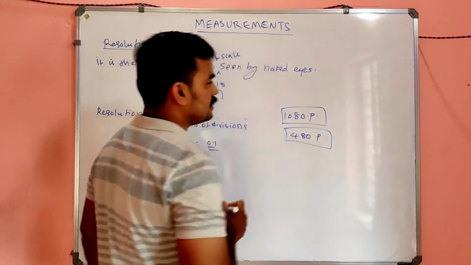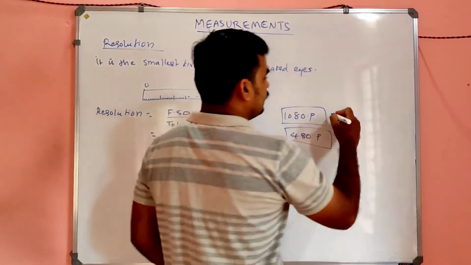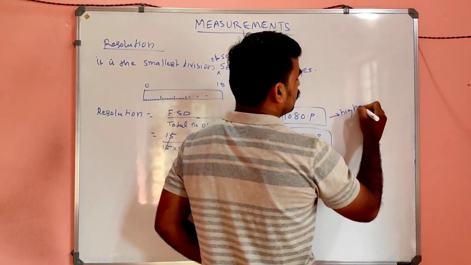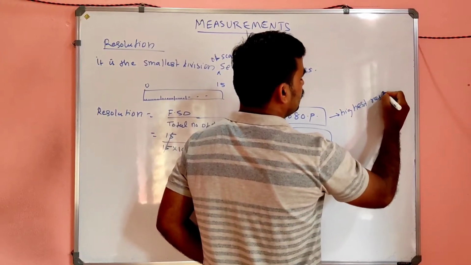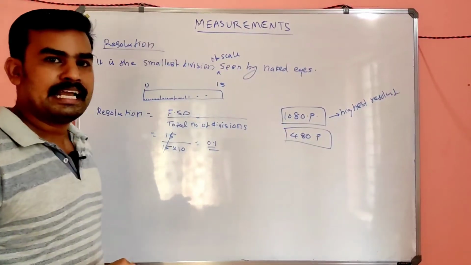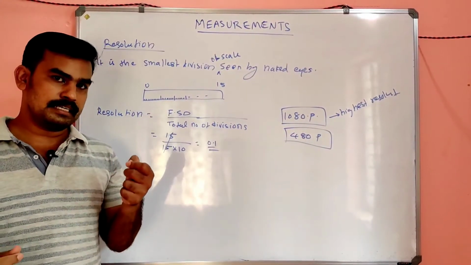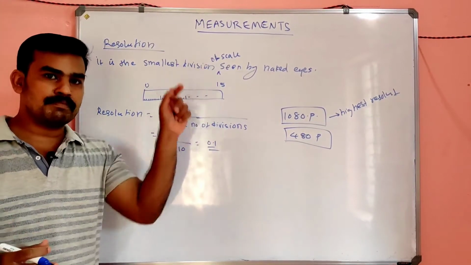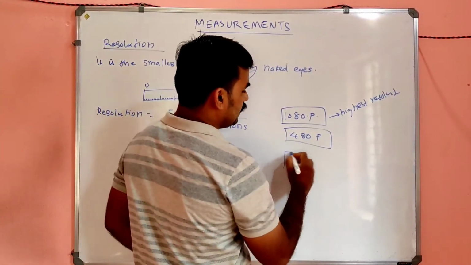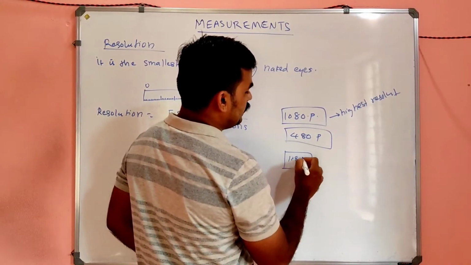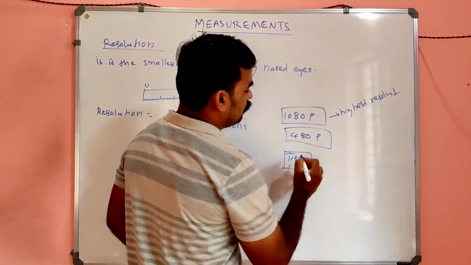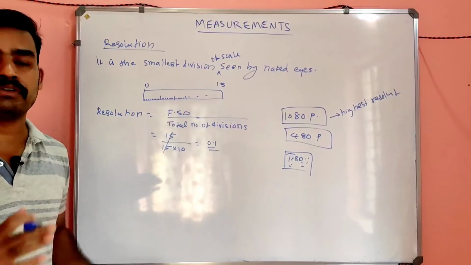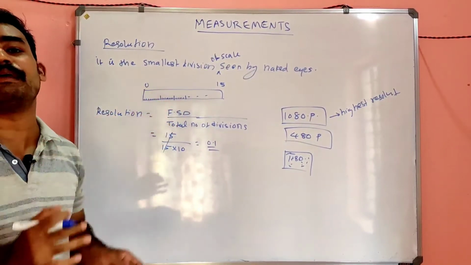Which has the highest resolution? The 1080 one. What is the meaning of that? In every small cell you can see 1080 dots for fulfilling that particular image or frame.